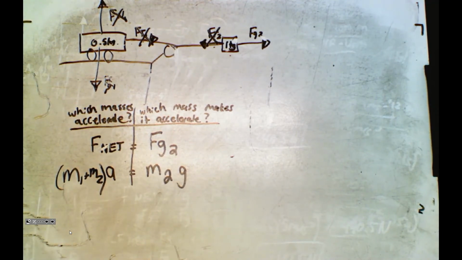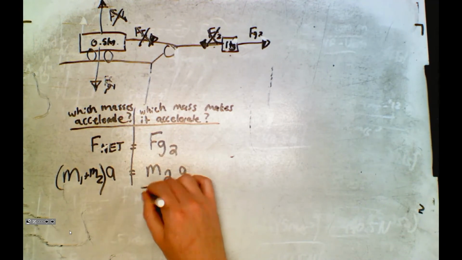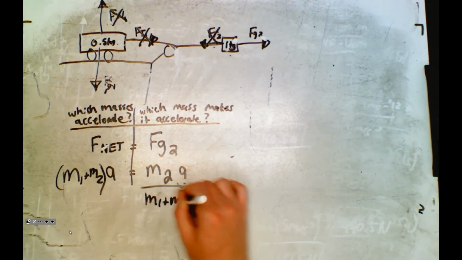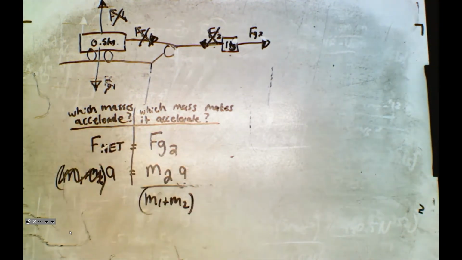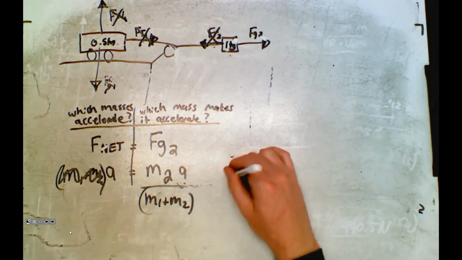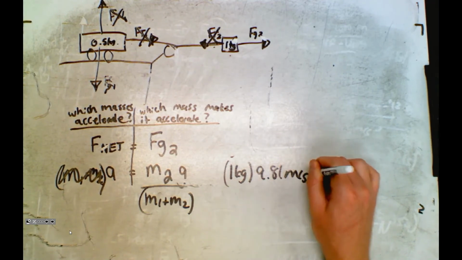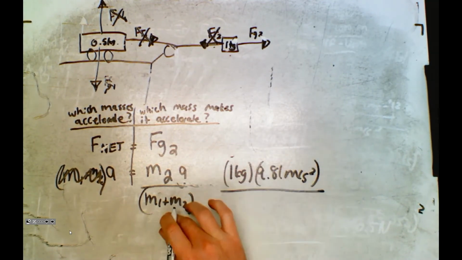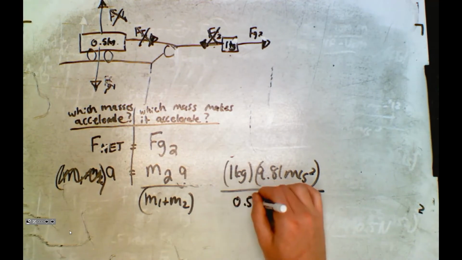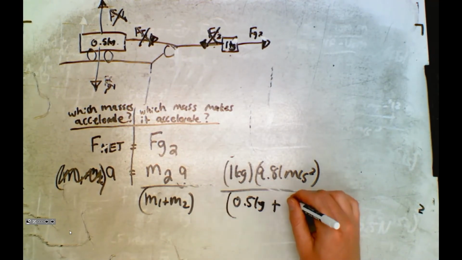So if we're solving for our acceleration, we can move mass 1 and mass 2 down here, and we can find our acceleration. So mass 2 is 1 kilogram times 9.81 meters per second squared, and mass 1 is half a kilogram, plus 1 kilogram.